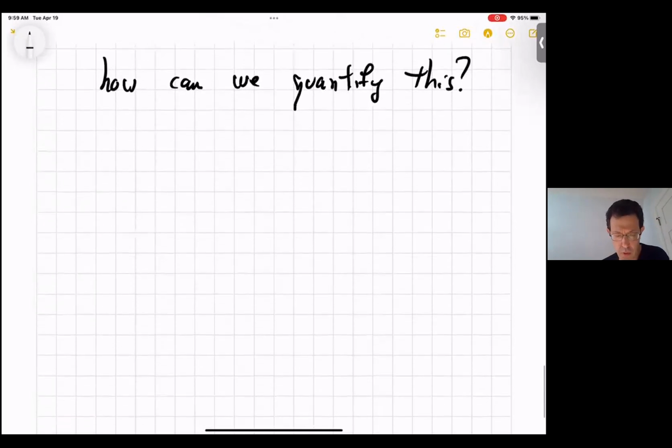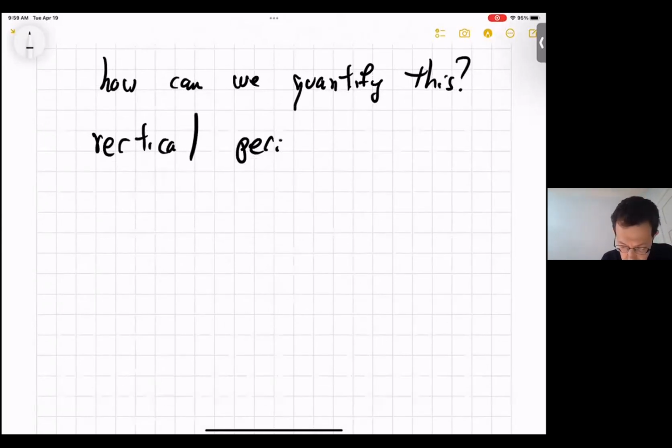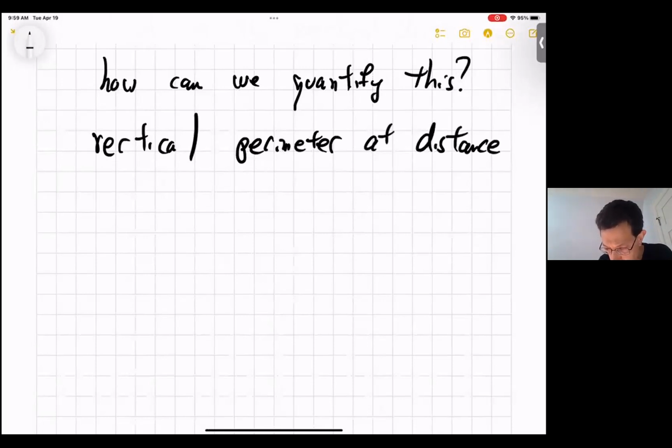So the way to do it is we look at vertical perimeter at distance T. The vertical boundary at distance T of A, it's very similar.